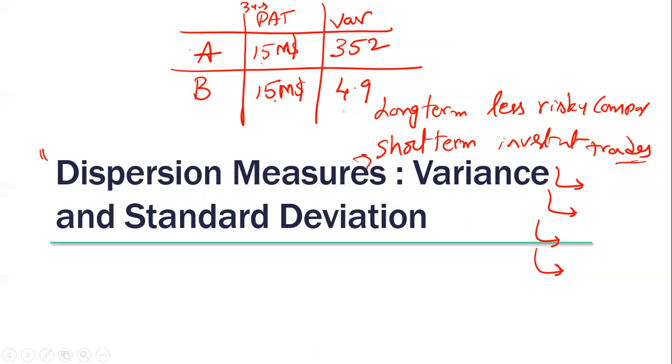What do you think is beneficial for my trading activities? Obviously, the company with higher variance. If I'm looking for a long-term, less risky company, I'll take the company with low variance.